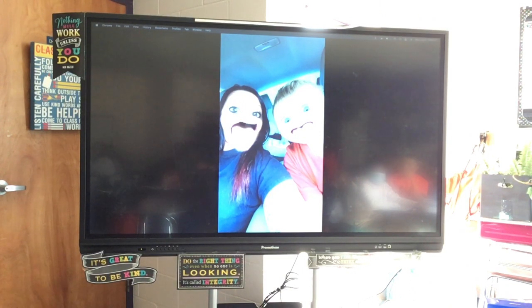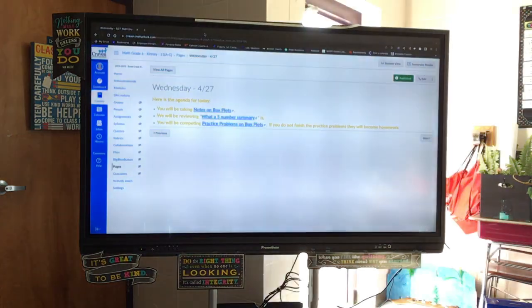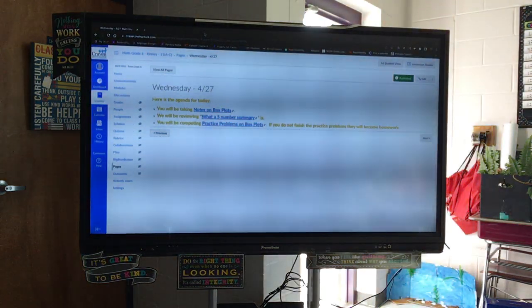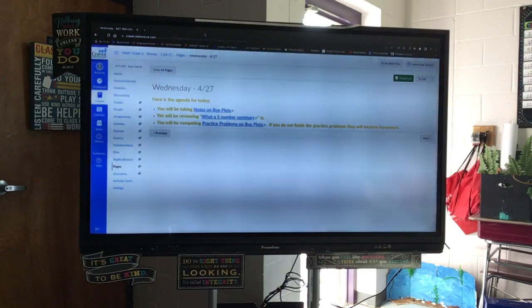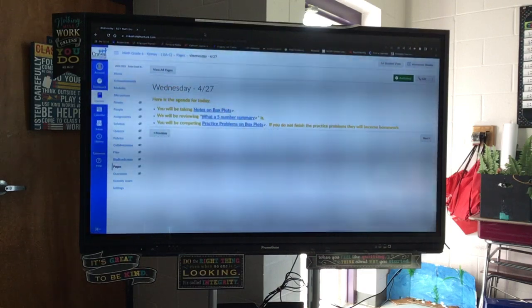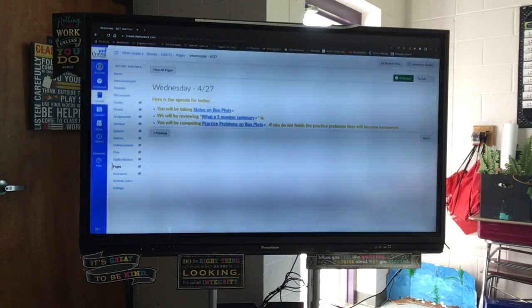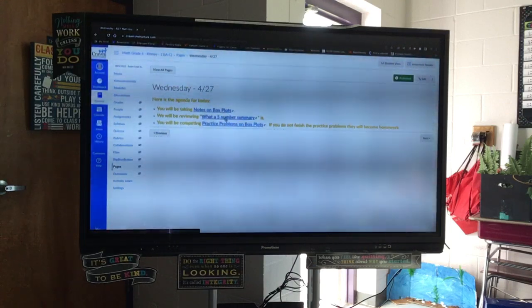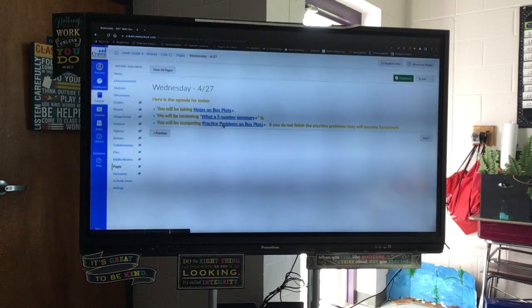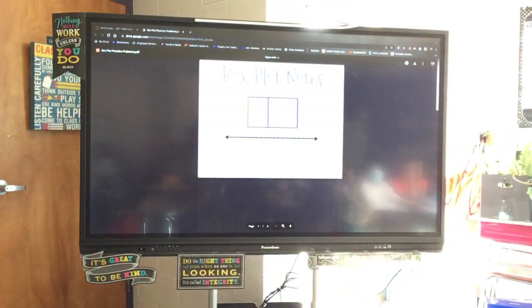For the next part of your assignments today, not at this moment, you are going to be logging into Canvas though, and you're gonna be pulling up the practice problems. So we just did the box plot notes, we did the 5-number summary. You're gonna click on the practice problems on box plots.